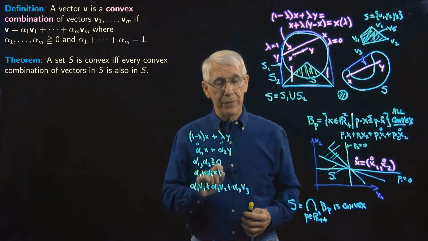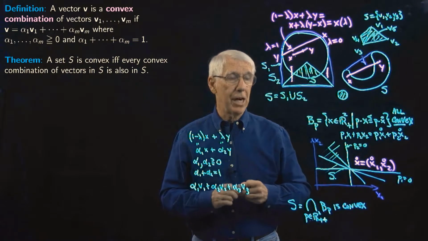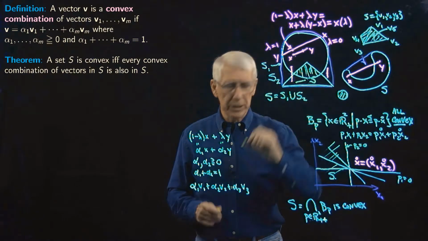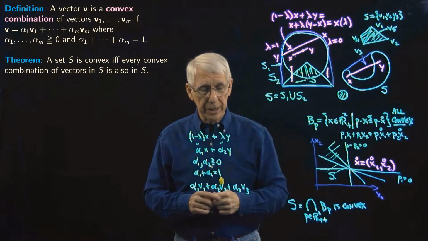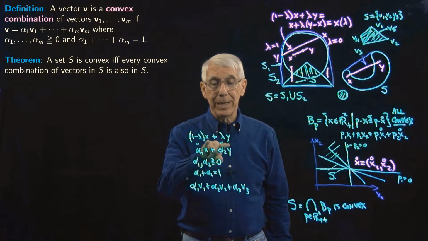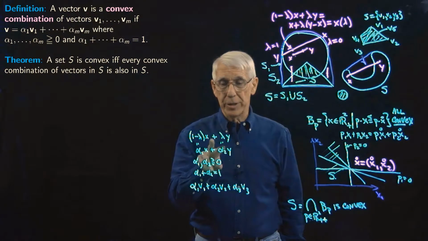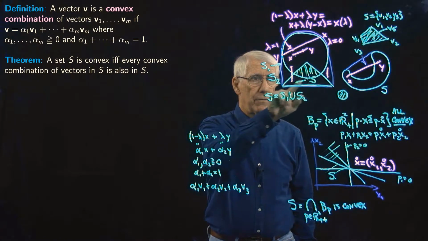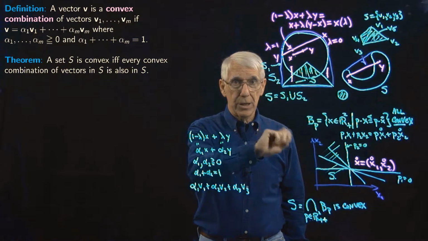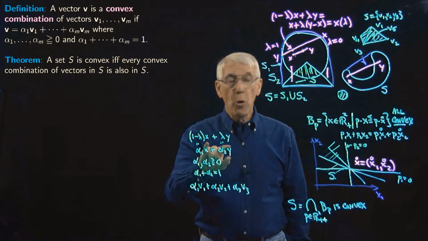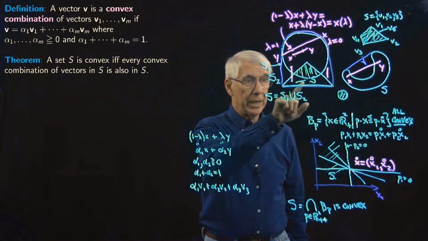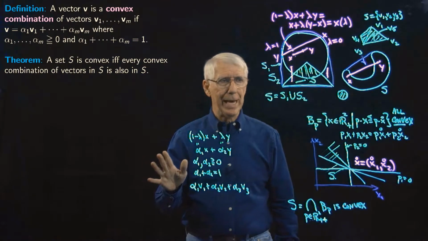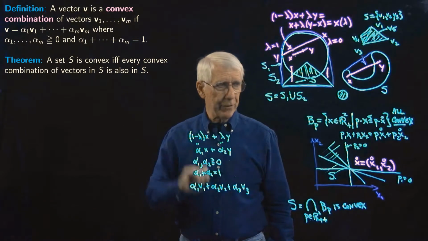In fact, that's straight from the definition, because if every convex combination of vectors in S is in here, then certainly the convex combinations of just pairs of vectors in S are in here. So clearly, if all convex combinations of vectors in S are in S, then all 2-point convex combinations are in here, so S is convex. So the proof in that direction you basically don't even have to do. I mean, that is straight from the definition.